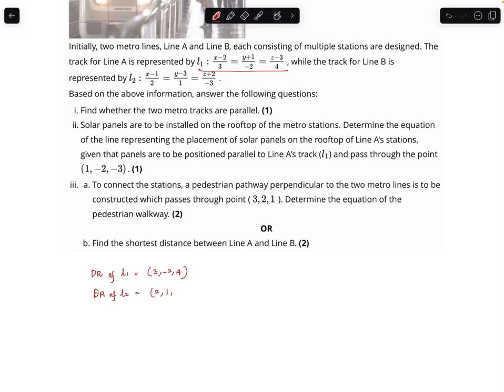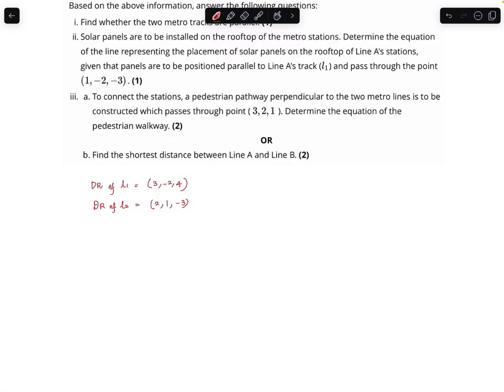2, 1, minus 3. For the two lines to be parallel, the ratios A1 by A2, B1 by B2, C1 by C2 should be equal. Here A1 upon A2 is 3 by 2, B1 upon B2 is minus 2 by 1 and C1 upon C2 is 4 by minus 3.